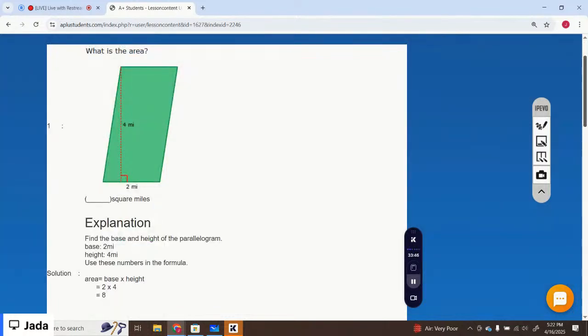What is the area? The area is base times height, so that is 2 times 4, that is 8.